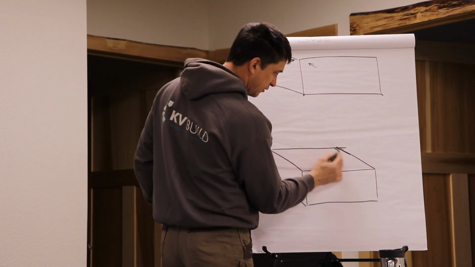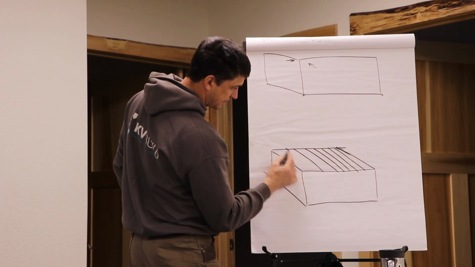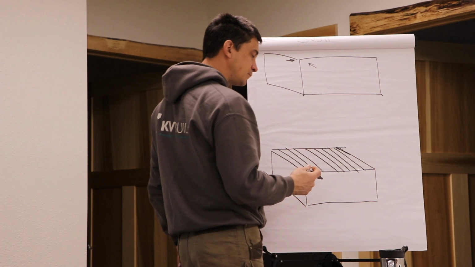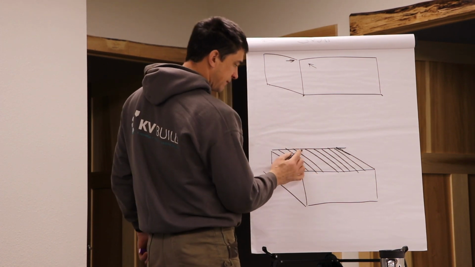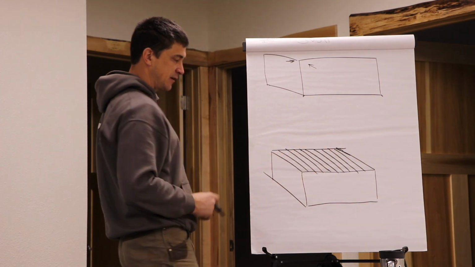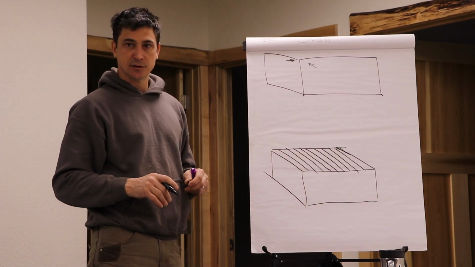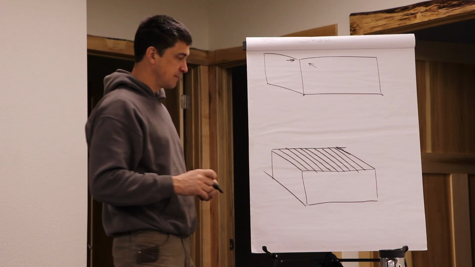Then we go and we frame our floor across here. Before we put sheathing on this floor, is that going to do anything to resist any twisting or racking of the floor system? No. Okay.